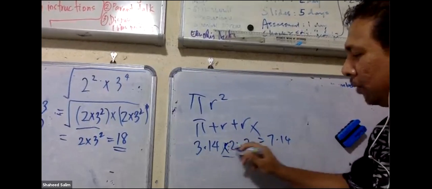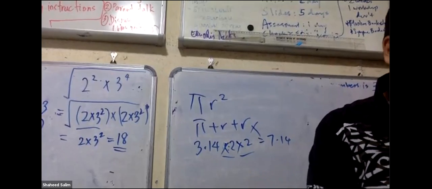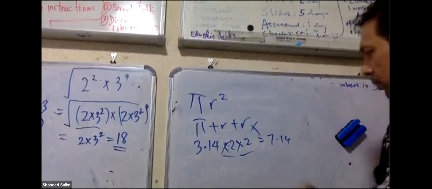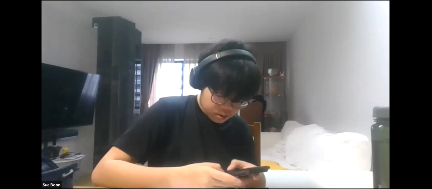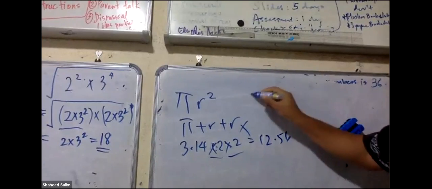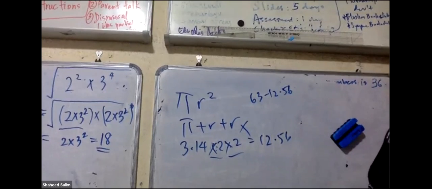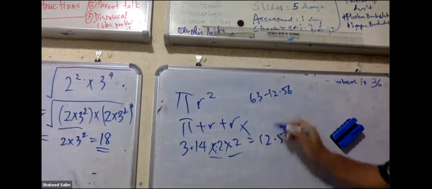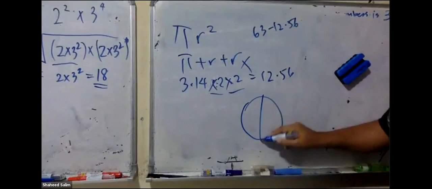So you calculate, what is it? 3.14 times 2 times 2. What do you get? Use a calculator, how much? 12.56. Then you take 63 minus 12.56. Remember, just now you saw the corner is a quarter circle.